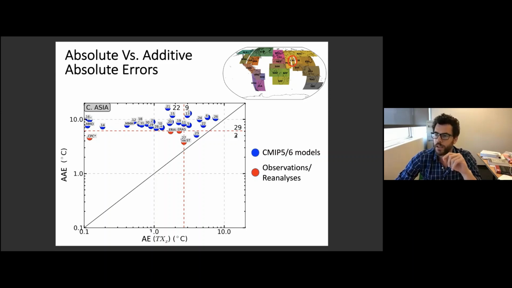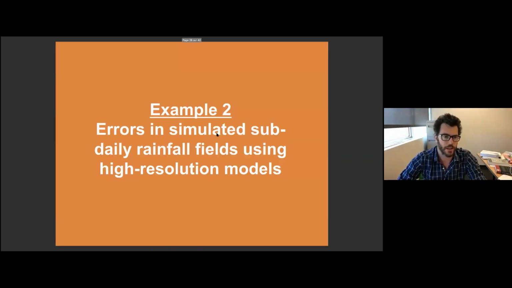What this is saying is that observations can be quite different if we only look at the left-hand side of the equation. But if we ask to represent individual terms well, in fact, the observations agree quite well on what they say. Models have a much harder time simulating AAE well, compared to AE. I'll come back to this in the other example too.